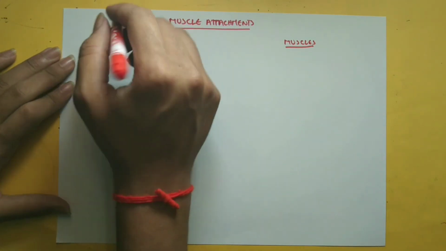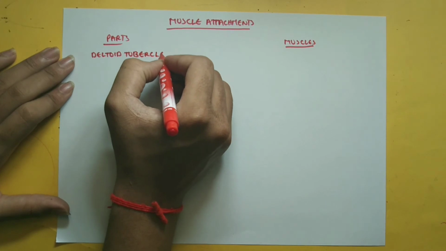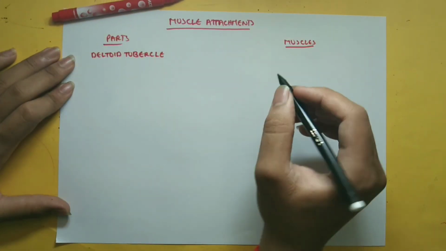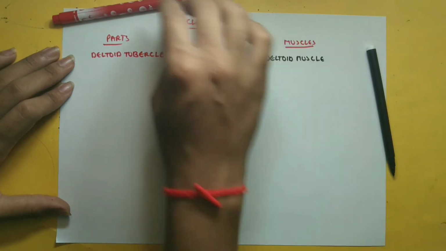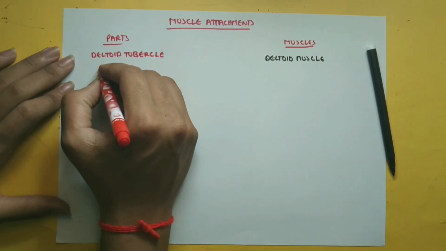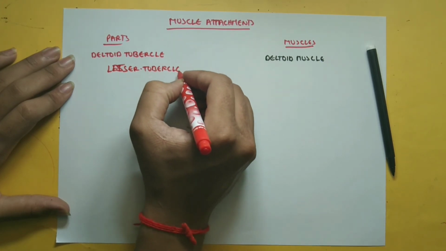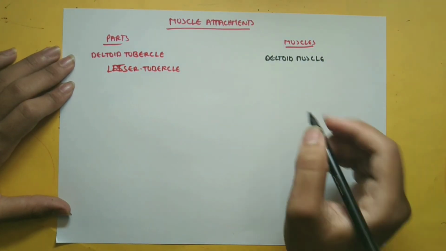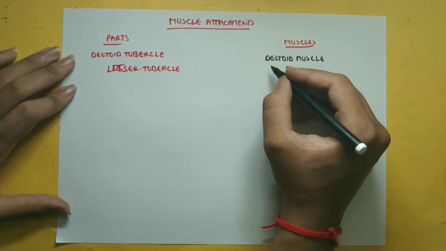Let's come to the first part, the deltoid tubercle. It gives attachment for the deltoid muscle. Next comes the lesser tubercle. It gives attachment for which muscle?